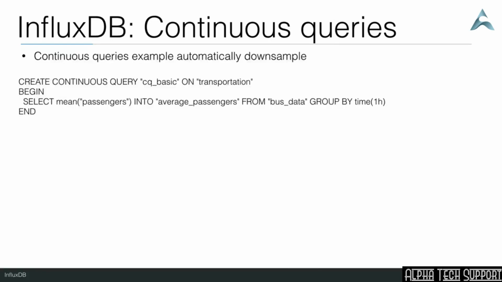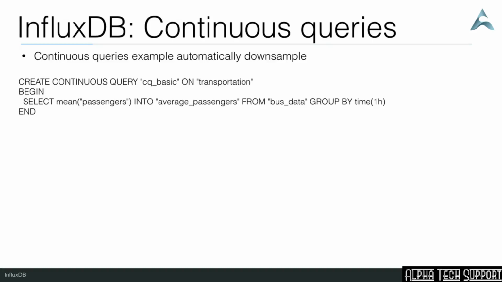We can use continuous queries to automatically downsample. Here is a simple example of how to do that. You can use a simple continuous query to automatically downsample data from a single field and write the result to another measurement in the same database. CQ_basic calculates the average hourly number of passengers from the bus_data measurement and stores the result in the average_passenger measurement in the transportation database.